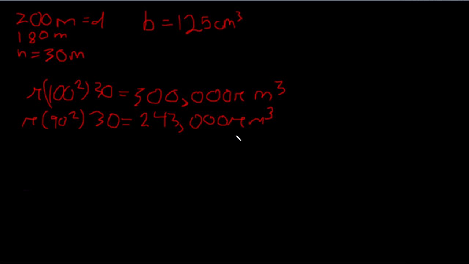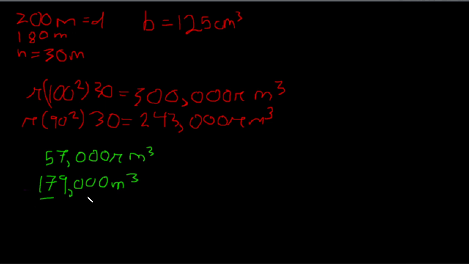So 300,000 minus 243,000 equals 57,000 pi meters cubed, which should be about 179,000 meters cubed. No pi anymore. So that is how much space we need to fill with bricks.